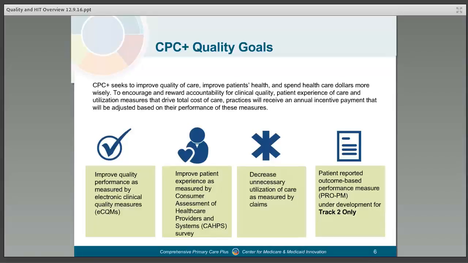And the reason for this is that there really is a dearth of these type of measures for primary care, and we think that we have a really nice opportunity here to work on developing this measure with data that we can gather from the patients that you all are seeing, and hopefully that measure will be utilized in the future for assessing quality from the perspective of the patient.